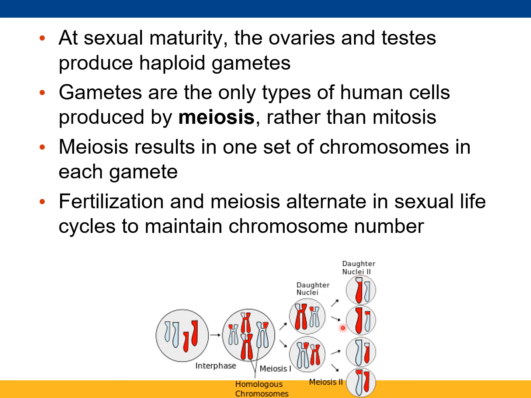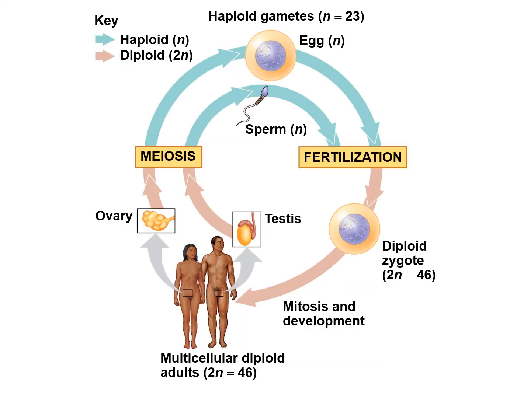Then those meiosis progeny, these gametes, can then potentially fuse with another gamete from the opposite sex to create a new diploid cell.